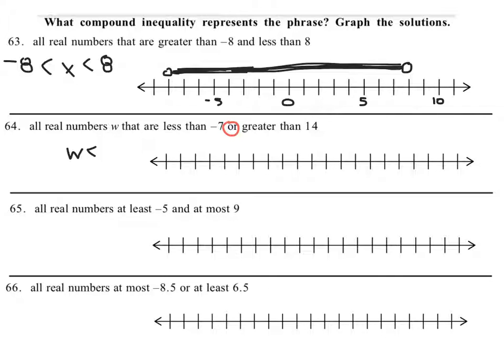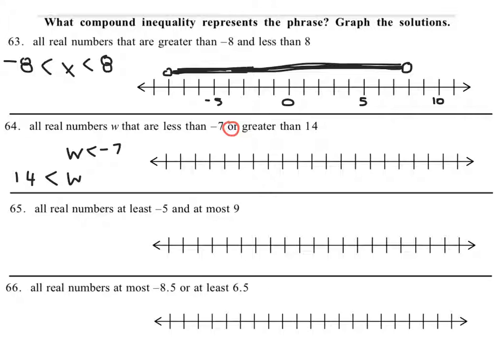W is less than -7, or W is greater than 14. Now, if you think about it logically, you can't be both less than -7 and greater than 14 at the same time. So what we have is a split inequality here when we graph it.